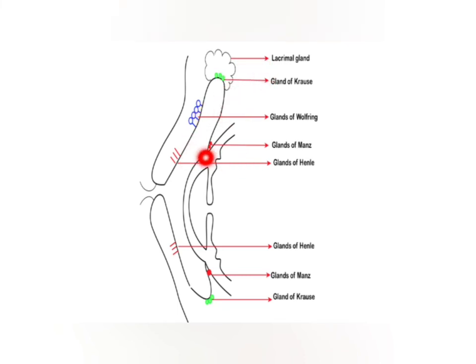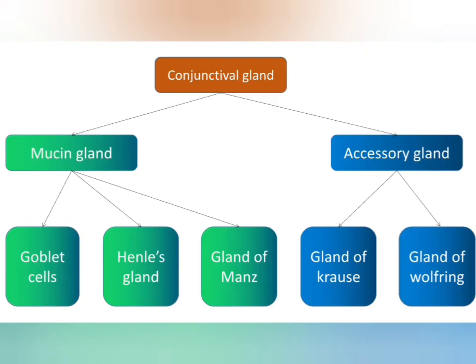The gland of Henle and gland of Manz secrete mucus, along with goblet cells, and the glands of Krause and Wolfring work as accessory lacrimal glands. So these are the conjunctival glands: the mucin glands produce mucus, and the accessory lacrimal glands produce the aqueous component.